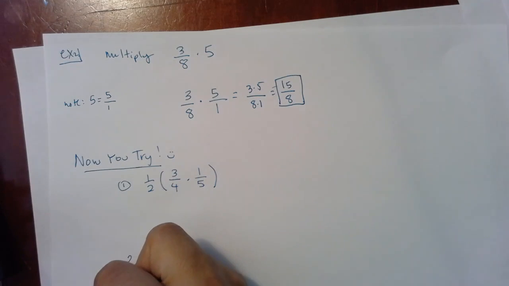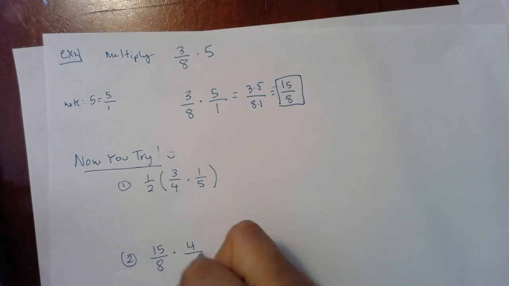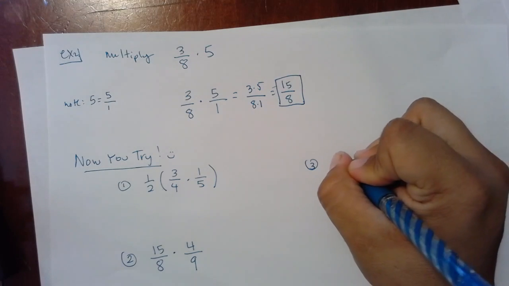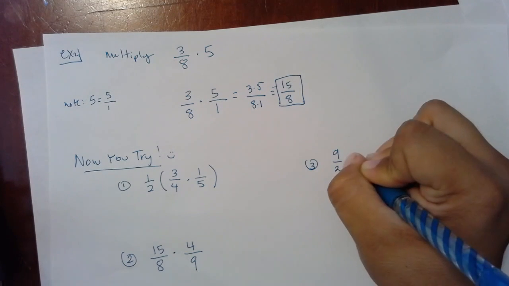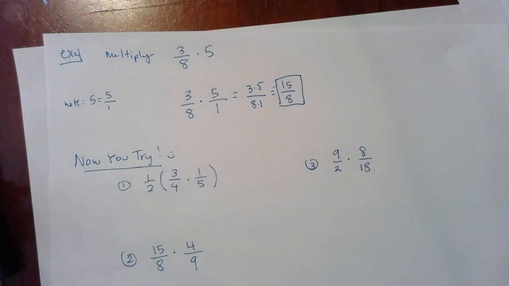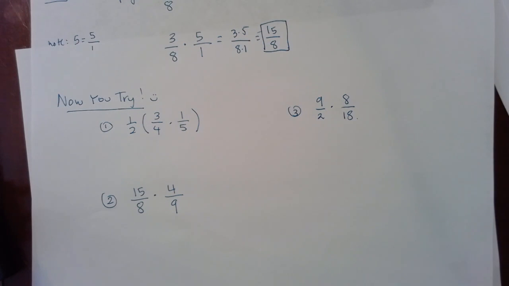And then 15/8 times 4/9. And then you could do 9/2 times 8/18. Okay? Now you try these, and I am going to assume that you're going to push the pause button and give yourself like 2 seconds or however much time you need to check your answers.